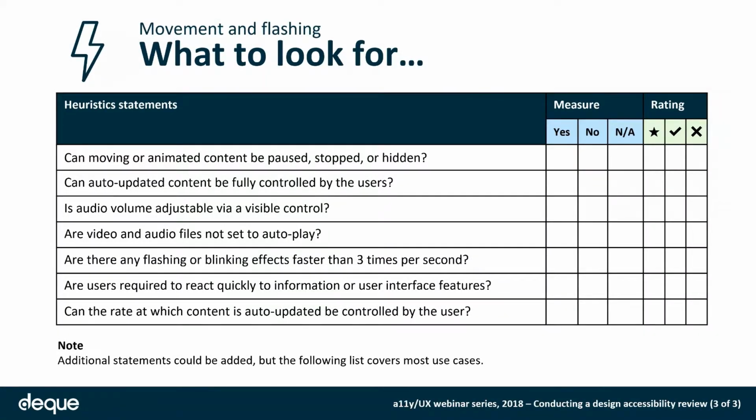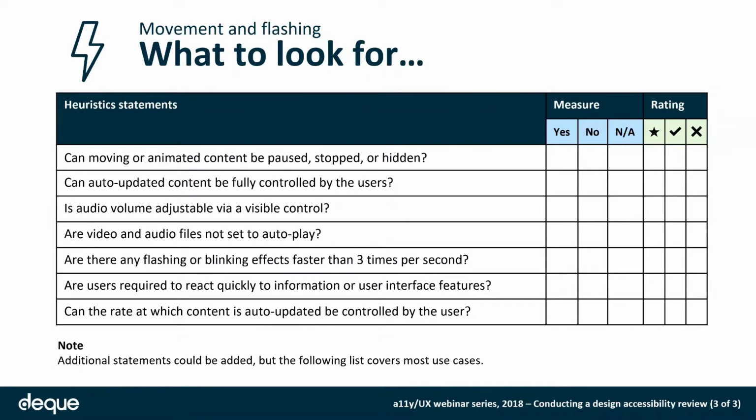So if we go into the heuristic statements for this particular heuristic, the first one would be, can moving or animated content be paused, stopped, or hidden? So you might be wondering, who would it really affect?